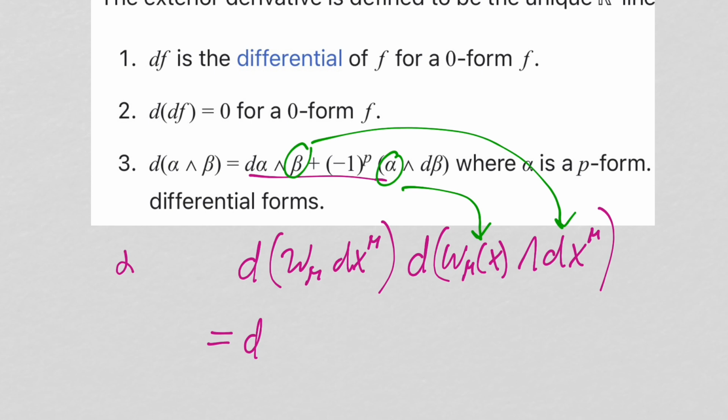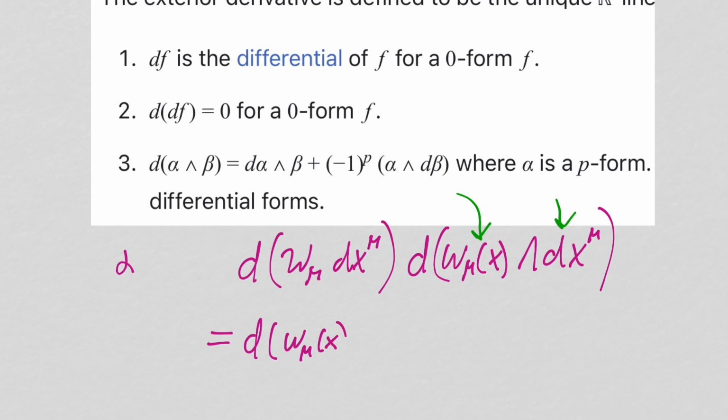Now following that formula, let me clear up the formula so you can see it. Following this formula here, d alpha becomes d omega mu of x, the exterior derivative of omega, the component, wedged with dx mu, right?